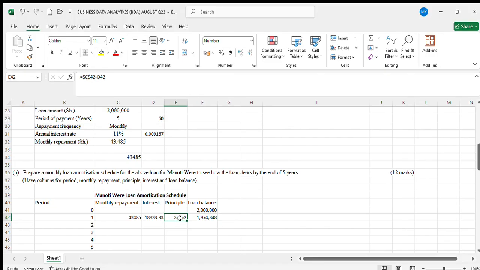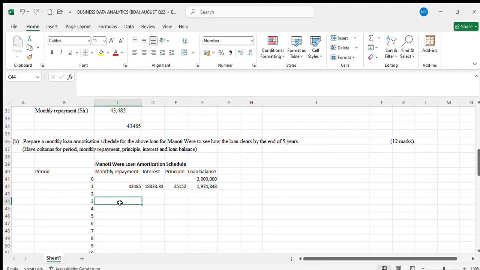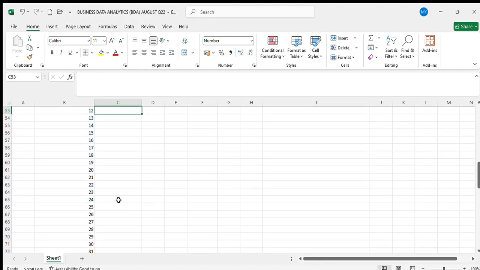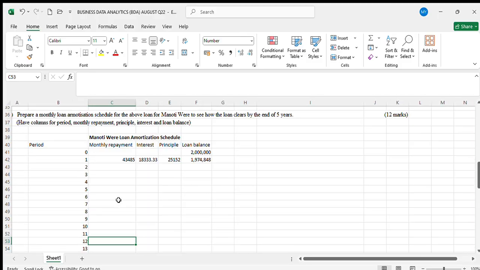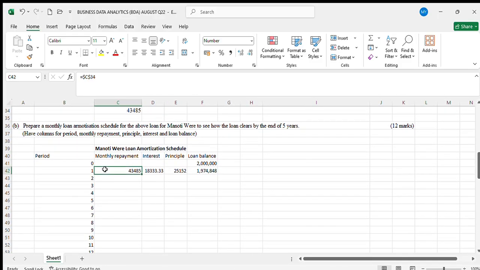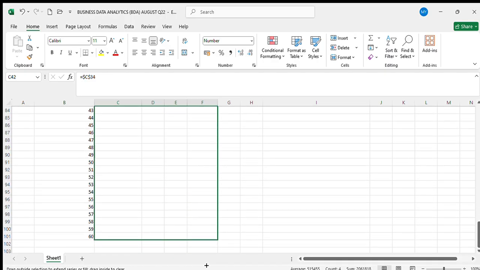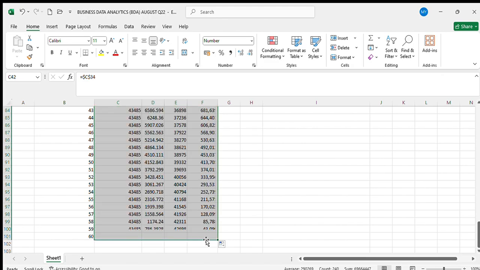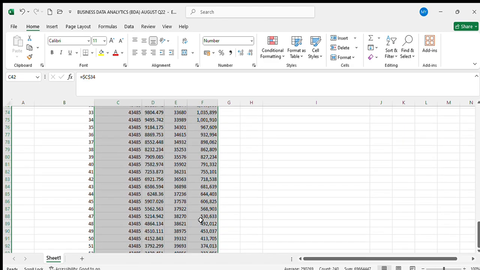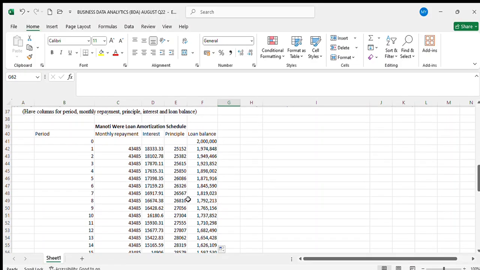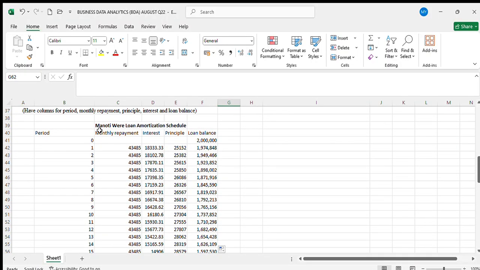Now since we have properly locked all the cells, remember we cannot do again number 2 like that, number 3, 4 up to 60. That will be a lot of work. So Excel has simplified this. So you just highlight and then you drag up to 60. As long as the formulas are correct, you can see the magic Excel has done.